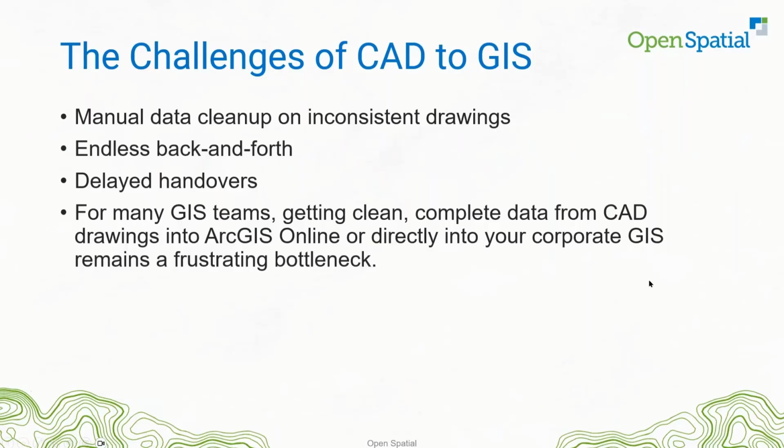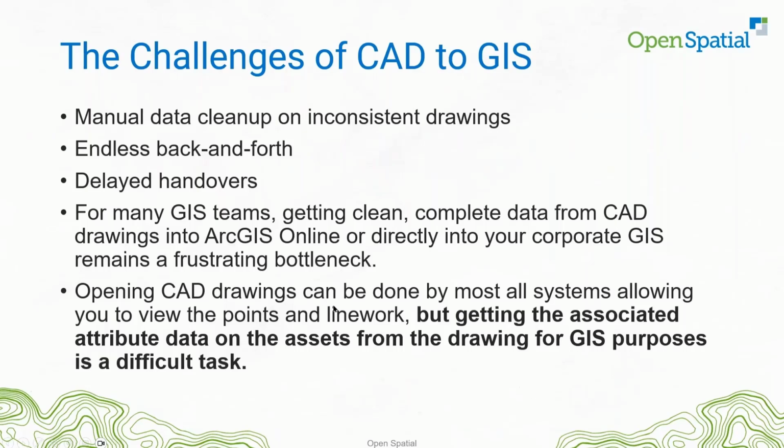Even using the Autodesk relationship with Esri, if you're using Esri, you can open those drawings pretty well now. But actually checking that all the data you want is there, and that it's formatted in a way that you can consume it directly, those are big challenges. And so that's really where this comes in. As I said, most CAD drawings can be opened by just about any system.